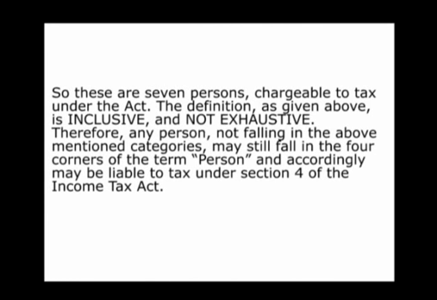Therefore, any person not falling in the above mentioned categories may still fall within the four corners of the term person, and accordingly may be liable to tax under section 4 of the Income Tax Act. Please remember that the definition of person under the Income Tax Act is inclusive and not exhaustive.